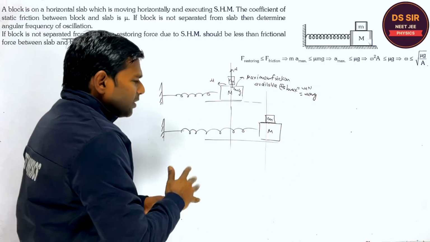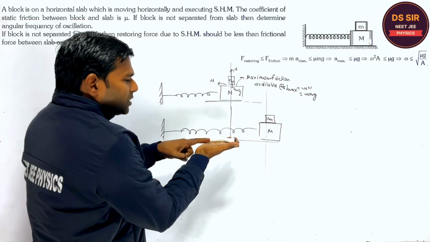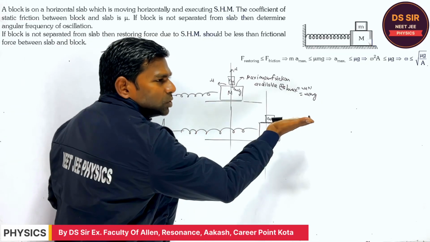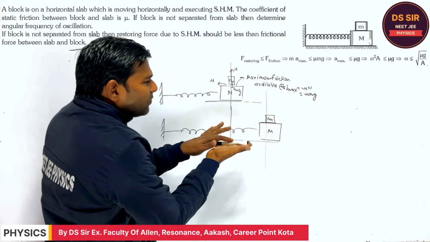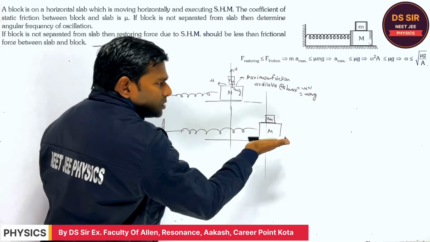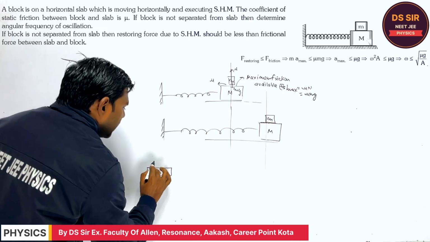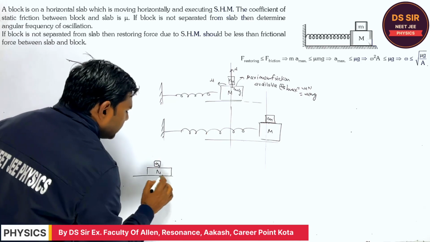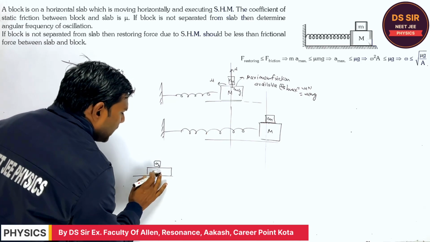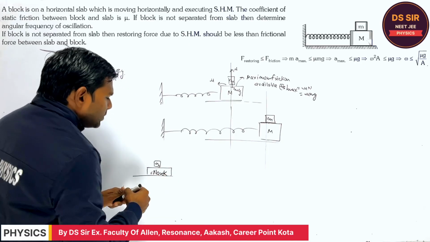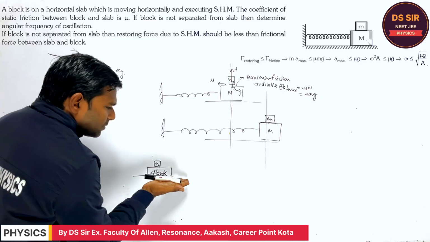Listen one more thing. If this is the pen on my hand, when it is moving towards the right, can you tell me which force is taking it towards the right direction? Suppose this is the plank or my hand, this is the mass m, and it is moving in the forward direction like this.